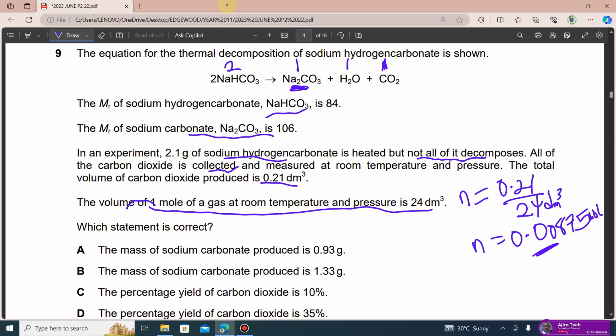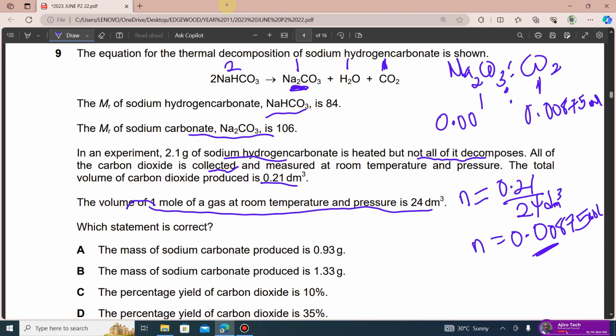So if the ratio of sodium carbonate to carbon dioxide is 1:1, according to the stoichiometry, and we obtained 0.00875 mole for carbon dioxide produced completely, that means an equal amount of sodium carbonate is also produced here. Both of them will give the same value because they share equal ratios.